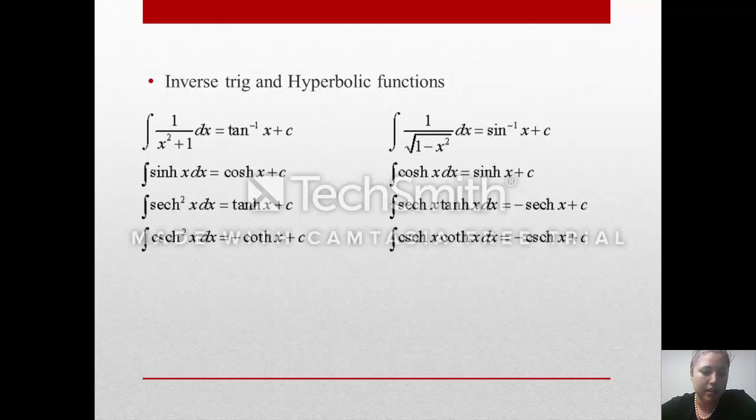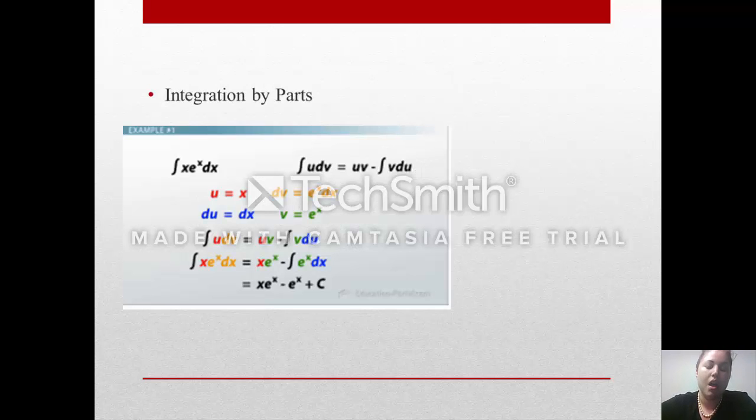Inverse cotangent. The integral of 1 over the square root of 1 minus x squared dx equals inverse sine x. And so forth and so forth.